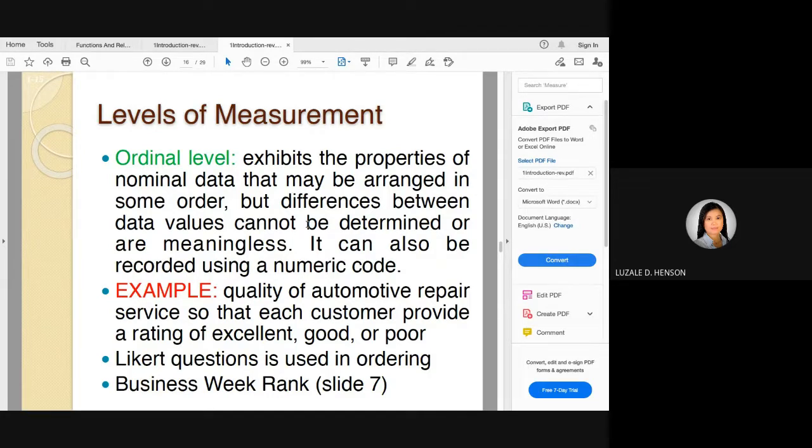Hindi pwedeng 5'5" yan kasi may standard measurement tayo doon. Pero may mga variables kasi na mahirap siyang i-measure. That's why gumagamit tayo ng Likert scale or Likert questions. Pero one way of really making use of average and so on is to perform summative measurements doon. Let's say may 5 questions ka, ipagsasum mo yung mga responses, pwede yon.